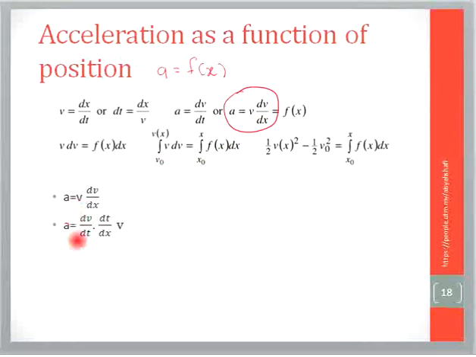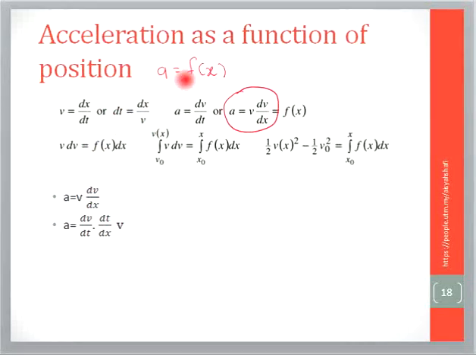First of all, v is dx over dt, and when we rearrange it, we will get dt equal to dx over v. Why do we arrange like this?